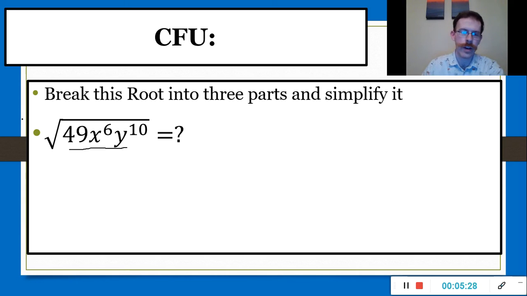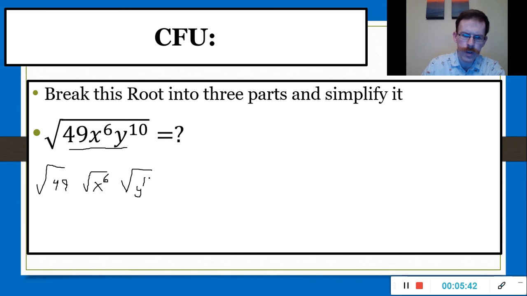And there we go. What I would want to do is break this into 3 parts, and then just do the normal square roots. Square root of 49 is 7. Square root of x to the 6th is x to the 3rd.